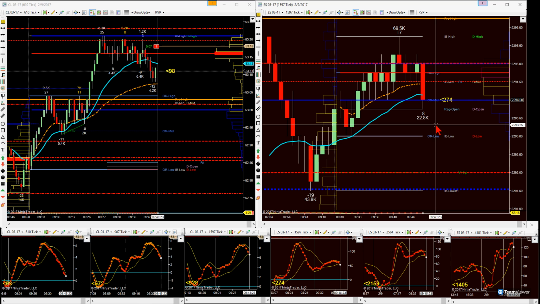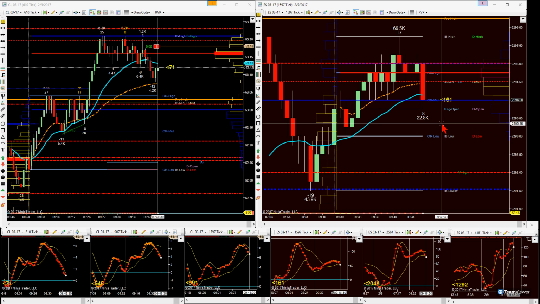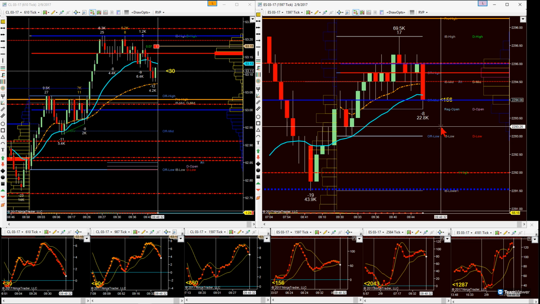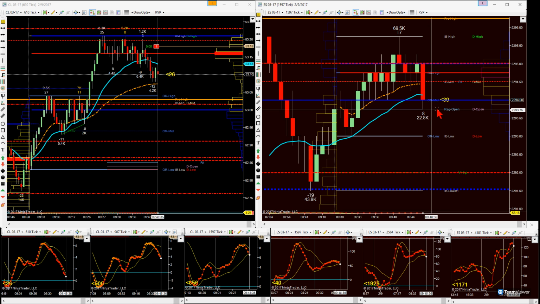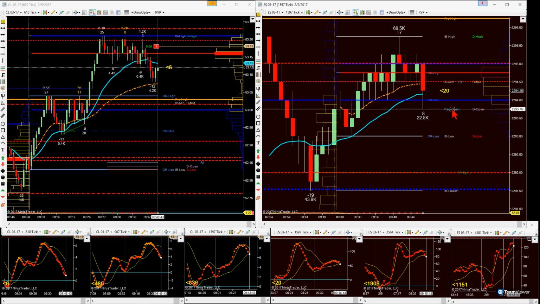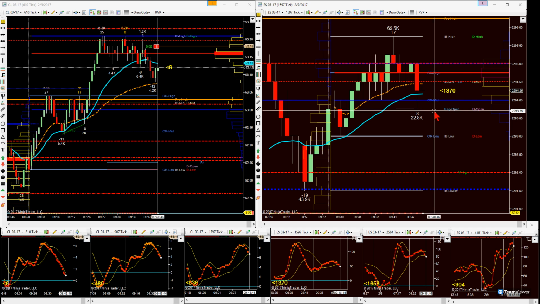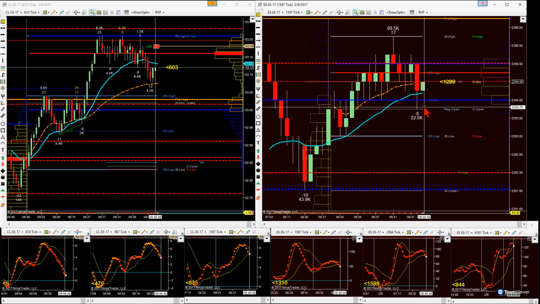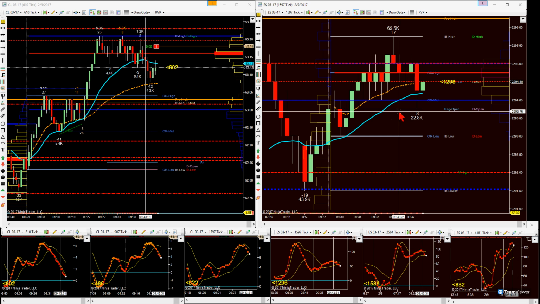All right, ES turned down. We're going to start watching for a potential trade opportunity here. Right there's our opening price. Came and tested the open. The open held.